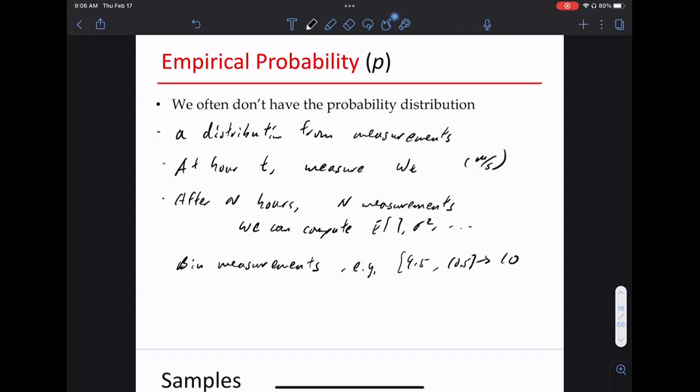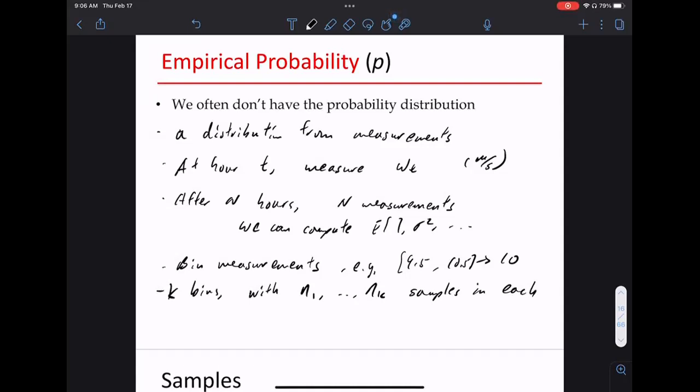So we have k bins with n_1 to n_k samples in each. Each of them will have some samples in them.